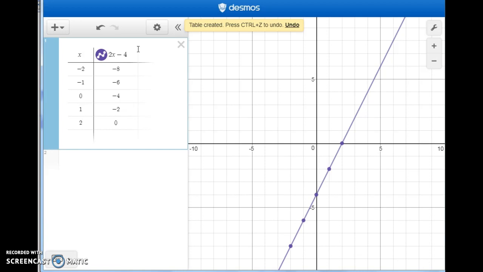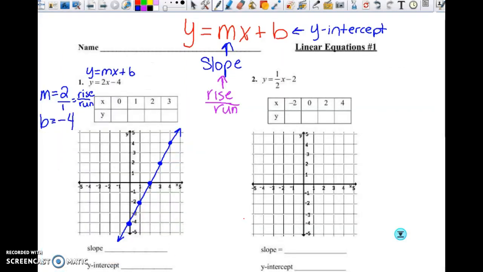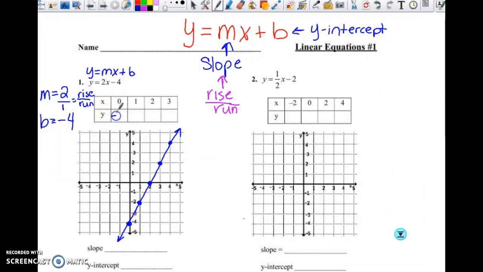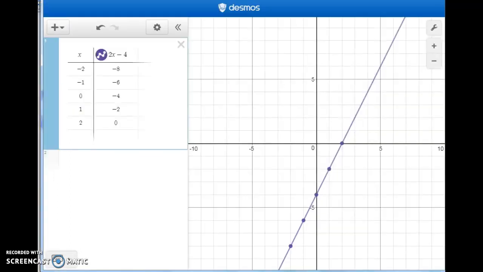Okay, what are the points that we need? Right now we need when my x is 0, what's my y? When my x is 1, 2, 3. Let's find out. When my x is 0, my y is negative 4. When my x is 1, my y is negative 2.